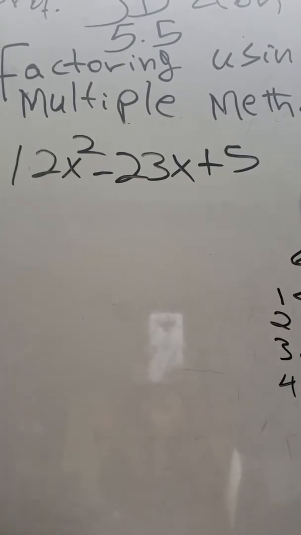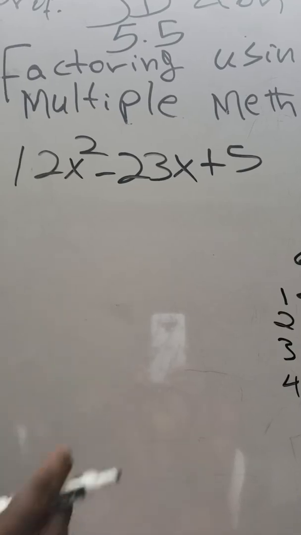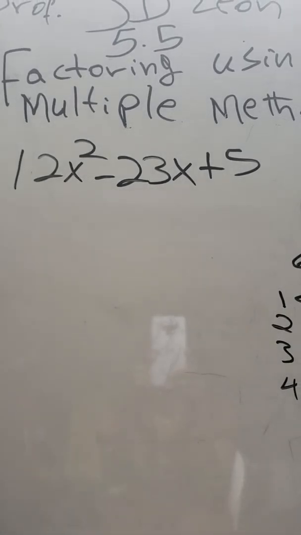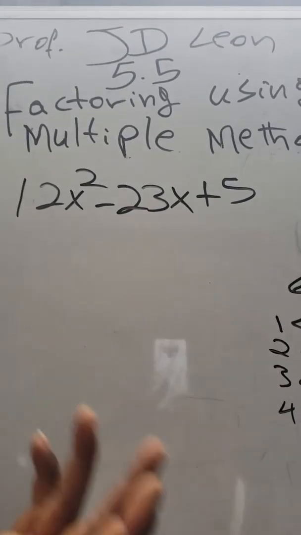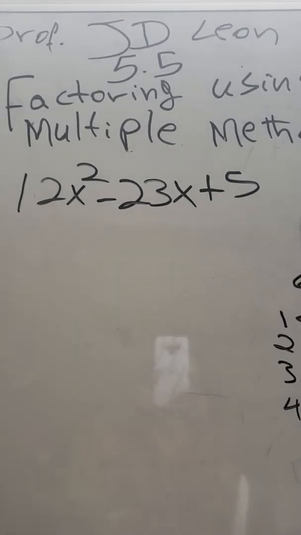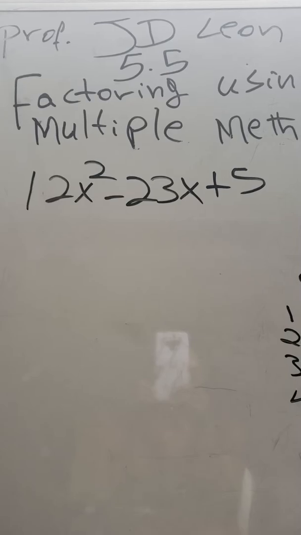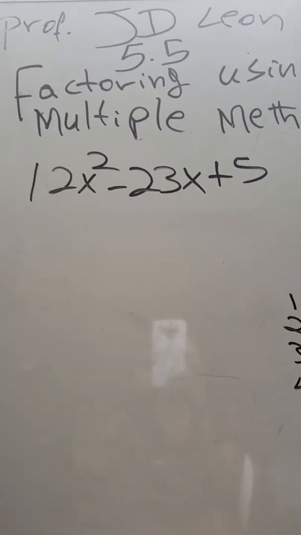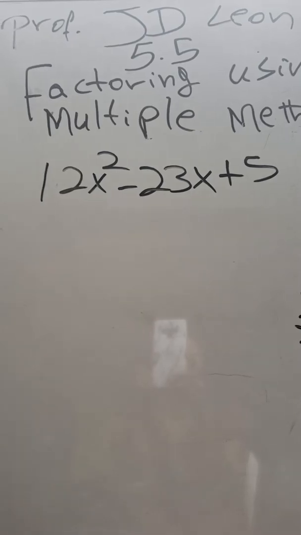So now we get to the point where we can choose to use either trial and error, which I don't normally like to use, but I showed you how to do that in our last video. We can use the AC method. I actually like the AC method, but a lot of students don't really like that method.